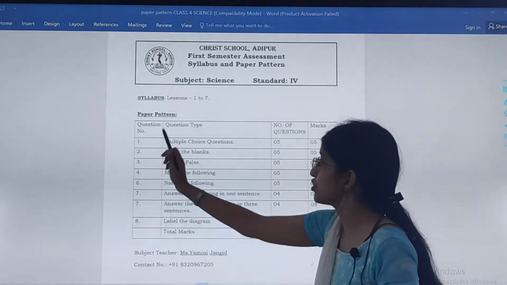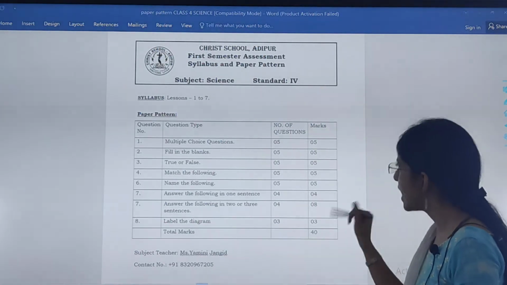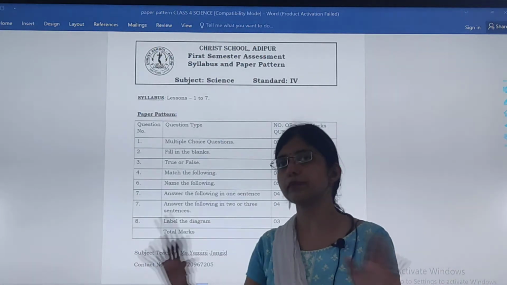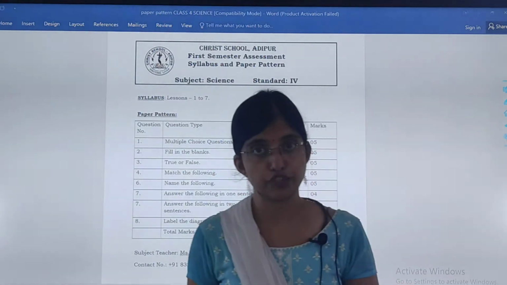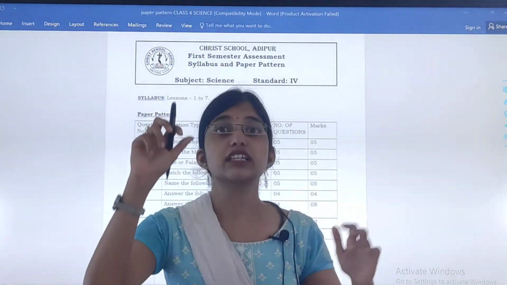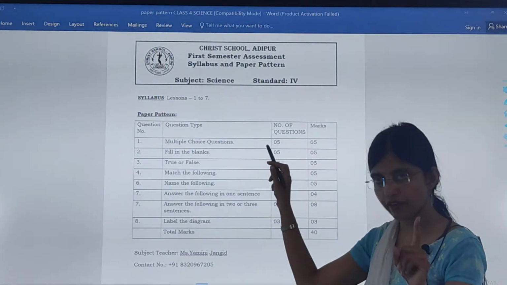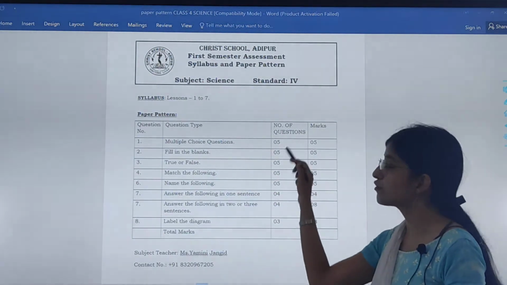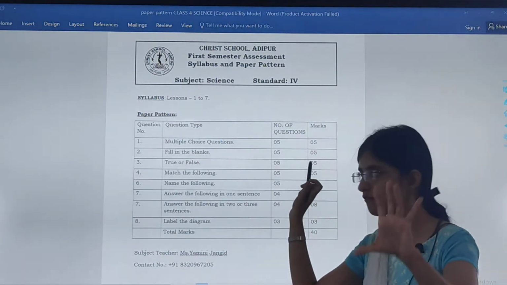See, question number, question type, number of questions and marks. इसमें सब कुछ cover हो गया. First question will be multiple choice questions. You will have to tick the correct option. Individually it will be of 1 mark and the number of questions will be 5. So they will come to 5 marks.